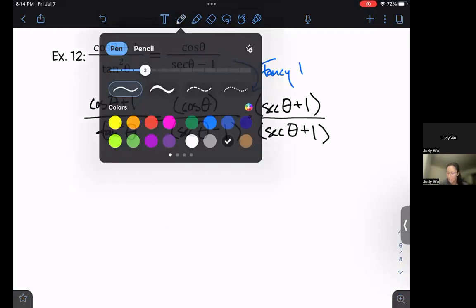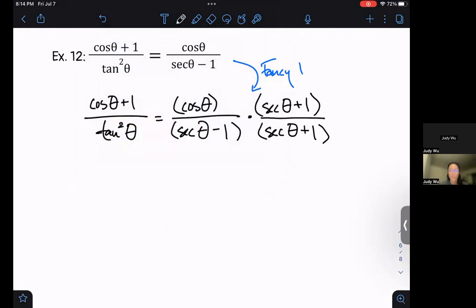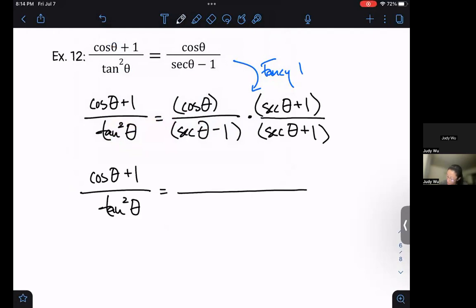I know that's technically just algebra, but it's such a common trick that I think it's worth writing out. All right, cosine theta plus 1 over tangent squared theta equals, let's go ahead and work out the numerator. So we get cosine theta secant theta plus cosine theta. So all I did was distribute.